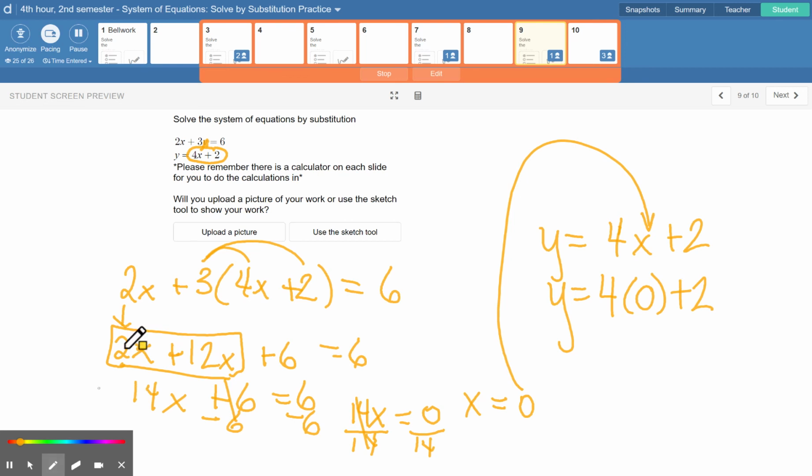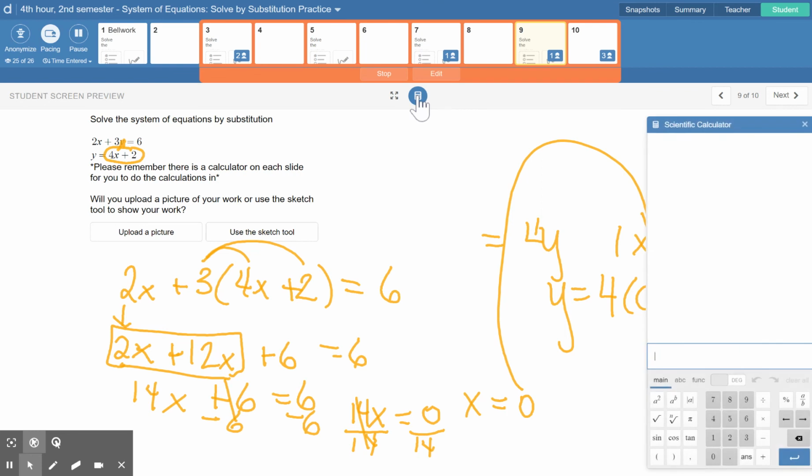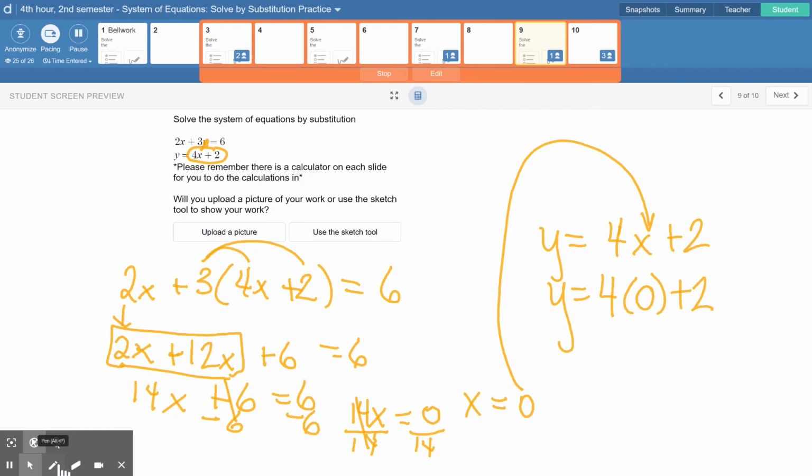So at this point, when you're trying to find the second variable in the ordered pair, use the calculator. 4 times 0 is 0, plus 2 is 2. So then you have y equals 2. And the ordered pair is 0, 2. So this would be one solution.